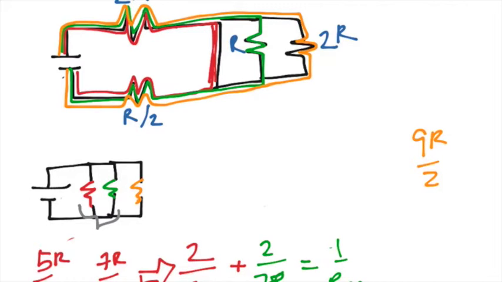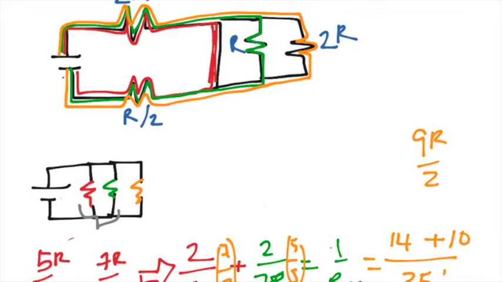We're going to have to multiply both sides so that they're easier to add. And we're going to end up with 14 plus 10 over 35R. So it's 24 over 35R, that's 1 over R equivalent, so R equivalent is equal to 35R over 24.